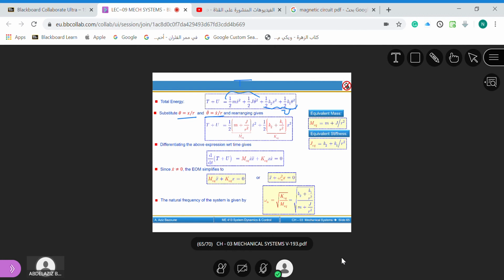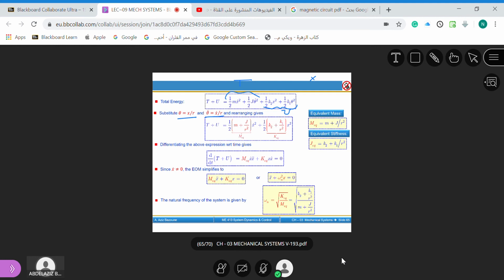Now we are going to find the equation of motion in terms of x, because he told us to find the equation of motion in terms of x. So we can rearrange this one. I can substitute theta dot by x dot over r, so I will write x dot over r squared, and I will write the kinetic energy as half of (m plus J over r squared) x dot squared.